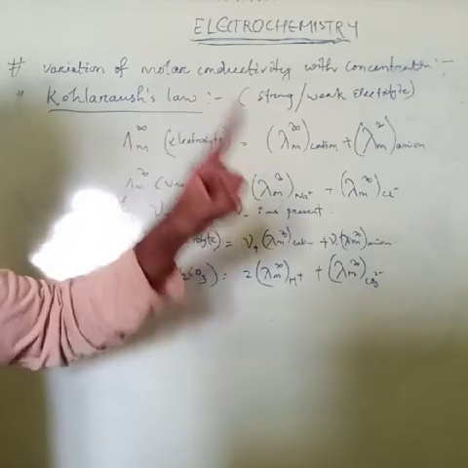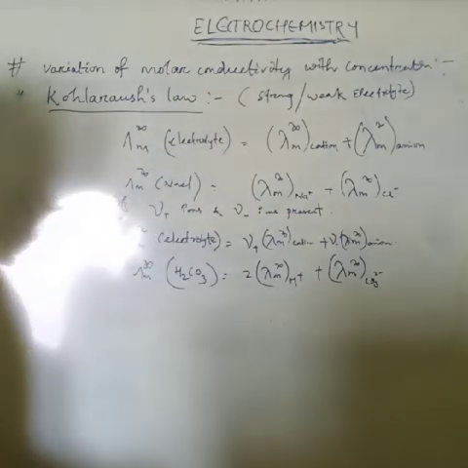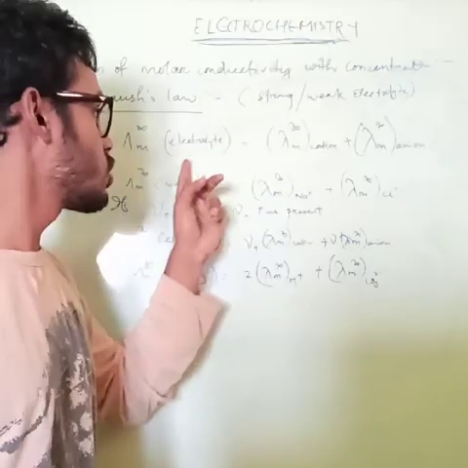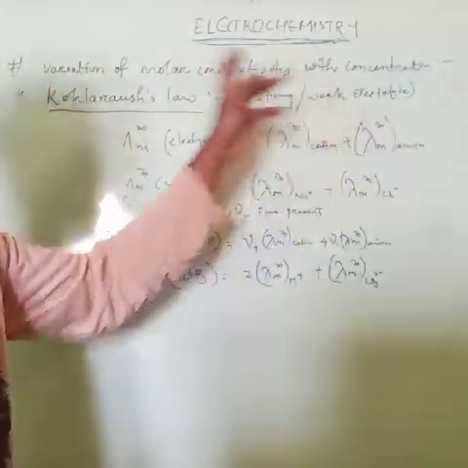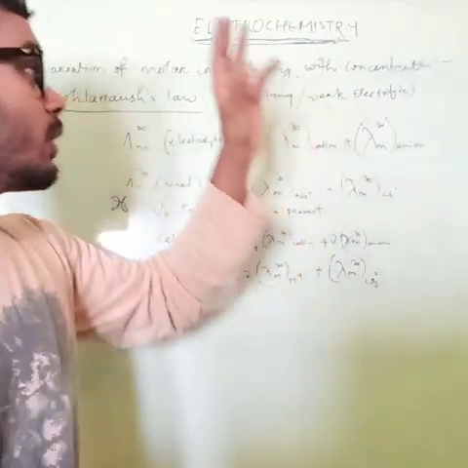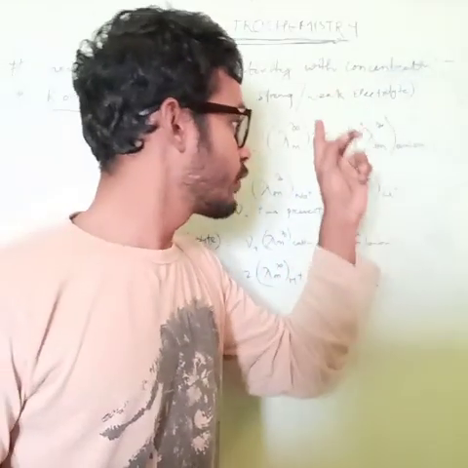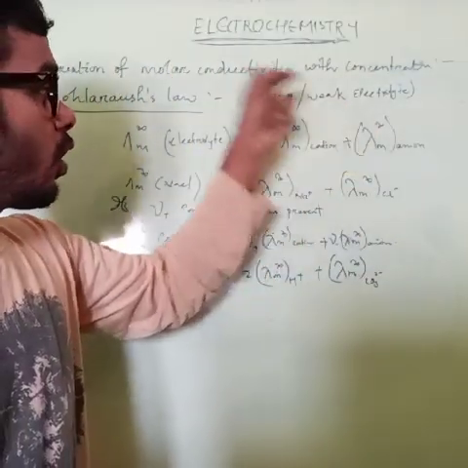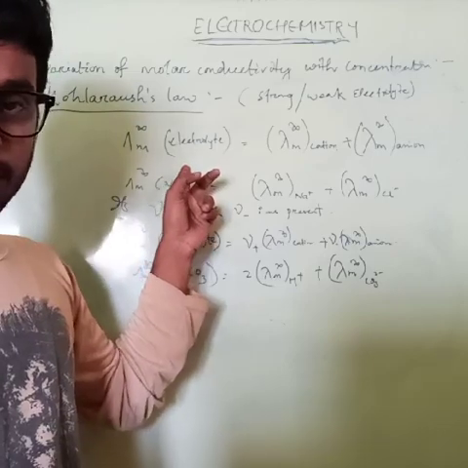At its infinite dilution. Again, the molar conductance of any electrolyte at its infinite dilution is equal to the sum of the molar conductance of the cation and anion at its infinite dilution.